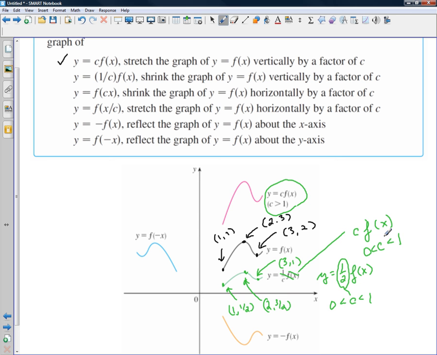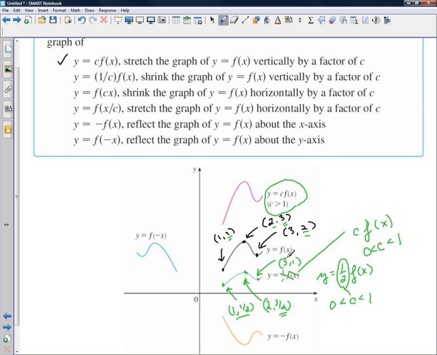So consider now that what was at 1, 1, now if the y's are half as much, we'd have a point at 1, 1/2. Or if we had a point at 2, 3, the 3 would be cut in half and we'd have 2, 3/2. Or rather than a point at 3, 2, we'd now cut that y in half and have a point at 3, 1.